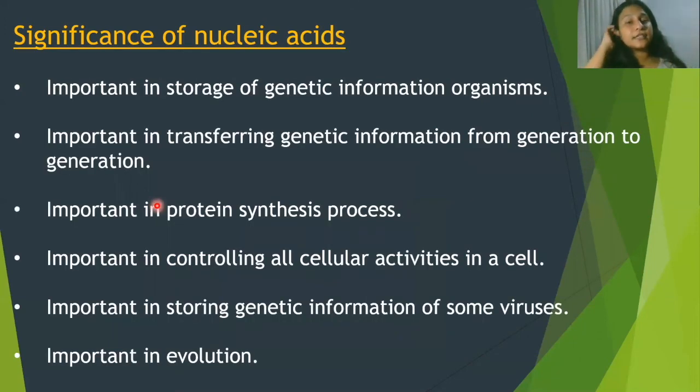The significance of nucleotides: they are important in storage of genetic information of organisms, in transferring genetic information from generation to generation, in protein synthesis, in controlling all cellular activities in a cell, and in storing genetic information of some viruses.